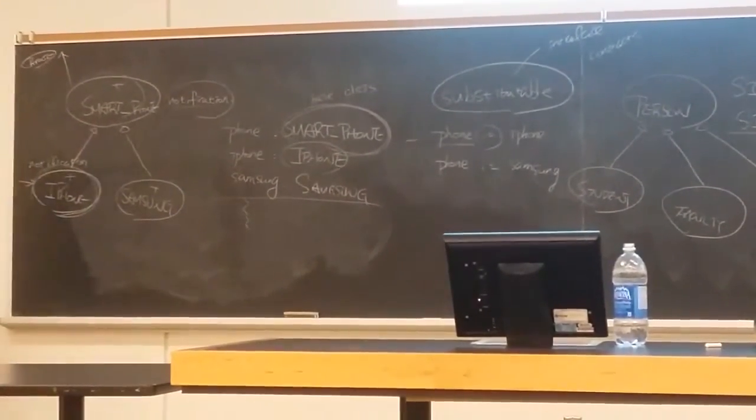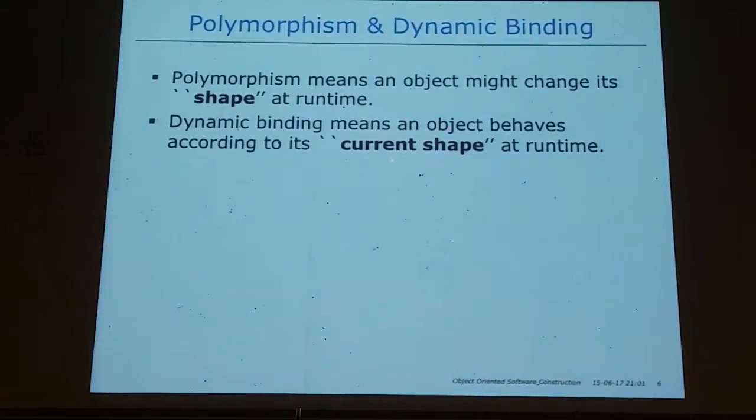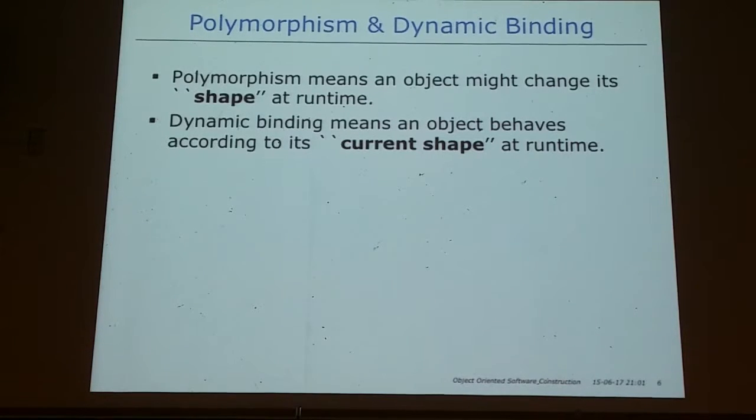Okay, that's the idea. And now dynamic binding is actually to say what kind of services, what kind of feature behavior you will get at runtime depends on the current shape of that object. Because you know that your phone actually can change its shape from iPhone into Samsung.